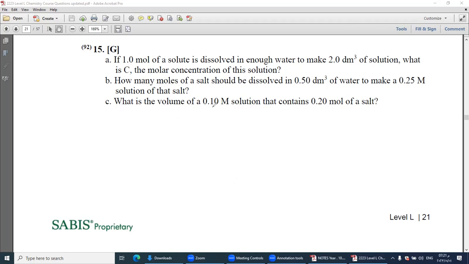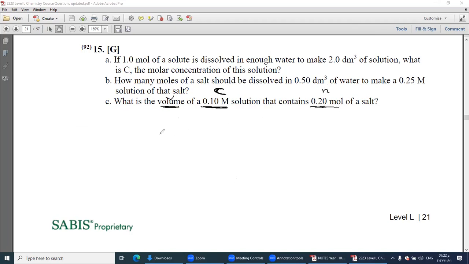What is the volume of a 0.10 M solution that contains 0.2 mole of a salt? Volume is the unknown. C is the concentration, and n is the number of moles.